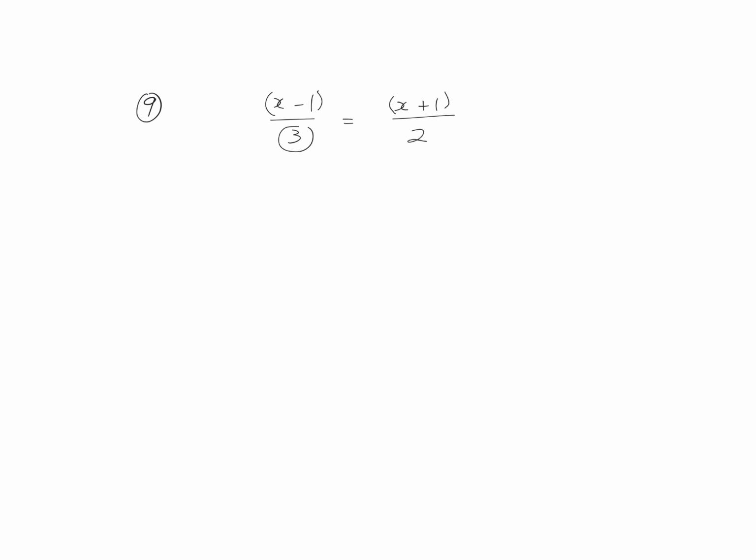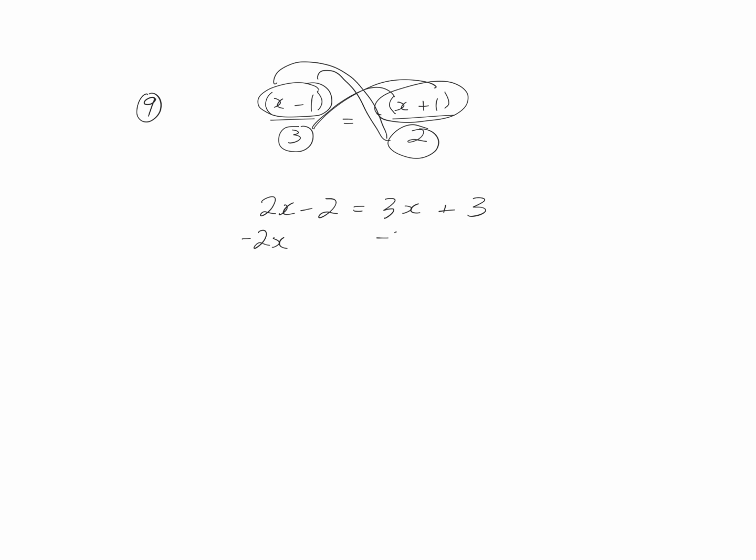So this times this is equal to this times that. And so we distribute. The 2 goes to the x, the 2 goes to the -1. So we have 2x minus 2 equals the 3 goes to the x, the 3 goes to the 1, 3x plus 3. And I'm going to go minus 2x from both sides.